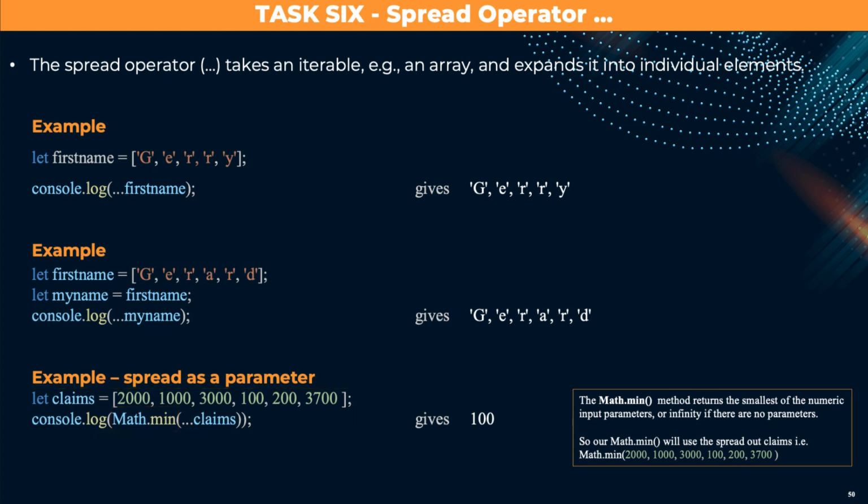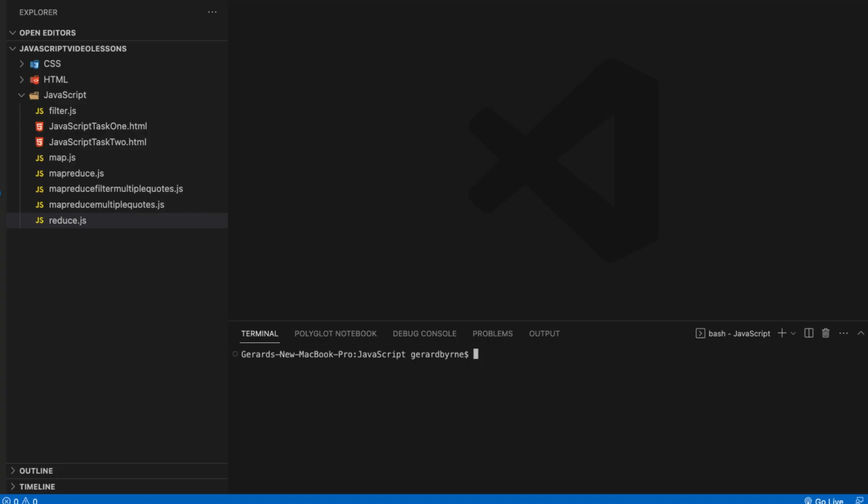But if we put just claims in here, that would be an array, and you would get a NaN, not a number. So we need to spread the array out. So we use dot, dot, dot claims, and that should then give me the value of 100. So let's code the first example and the last example and demonstrate.